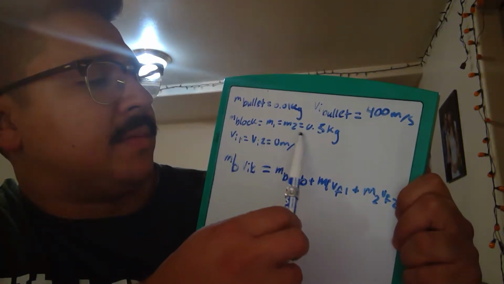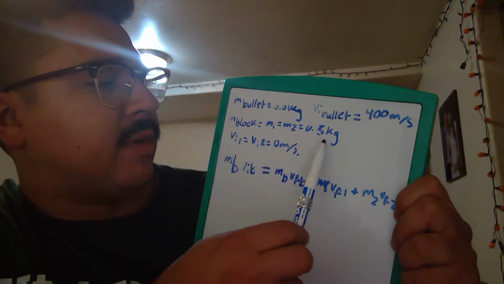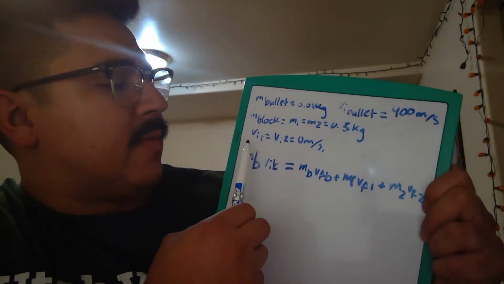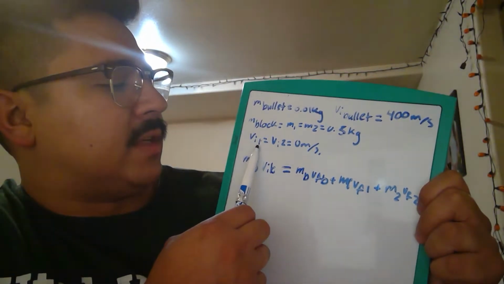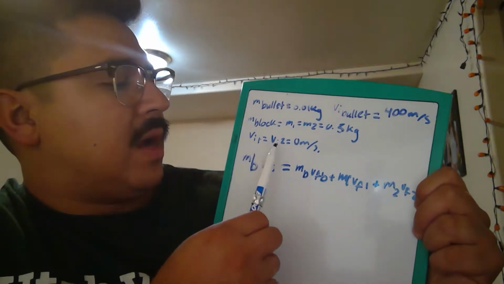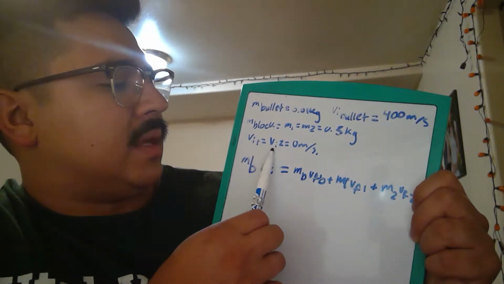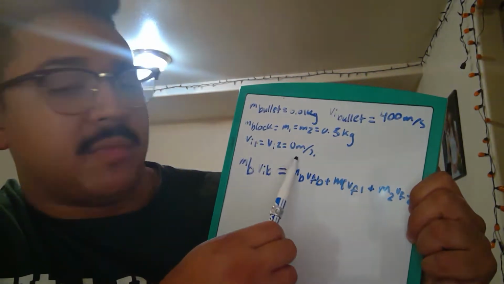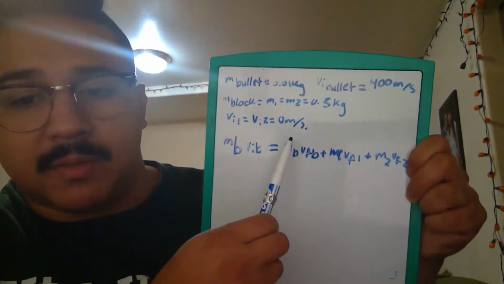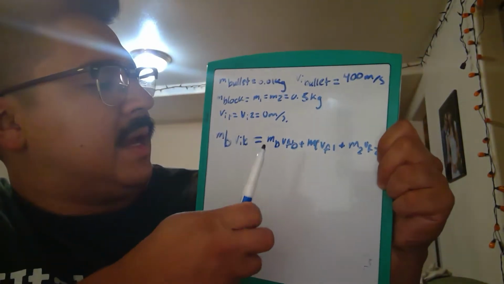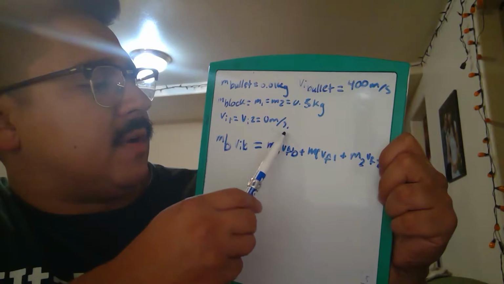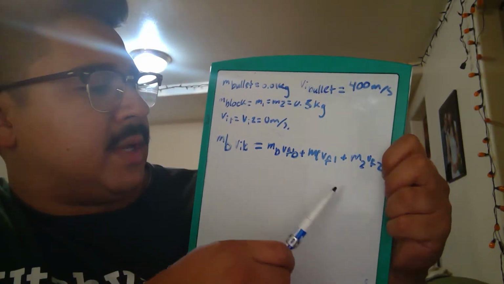So we're going to use M1, M2, but they're the same, so it's 25 kilograms each. Then we have the initial velocity of the first block and the initial velocity of the second block, which are both 0 meters per second because they're both stationary before they get hit. And because they're both 0, I just took them out of this equation.